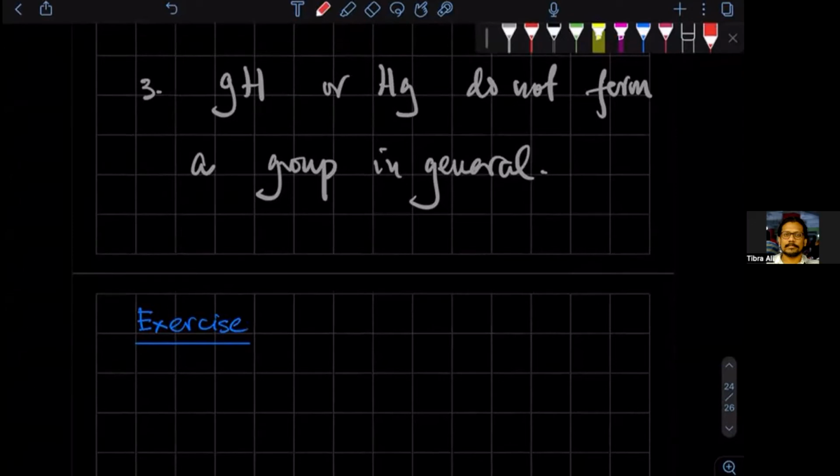Don't look it up, try to prove it yourself, because there are no marks. I'm not going to give out any marks for this. Okay, Lagrange's theorem.